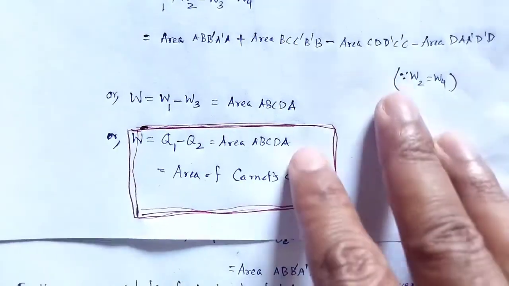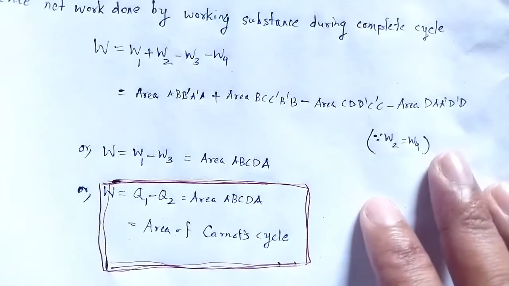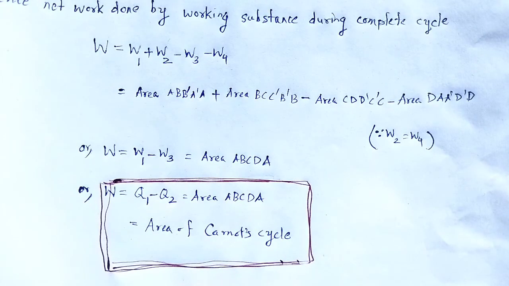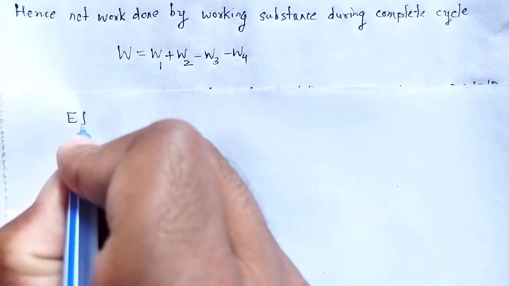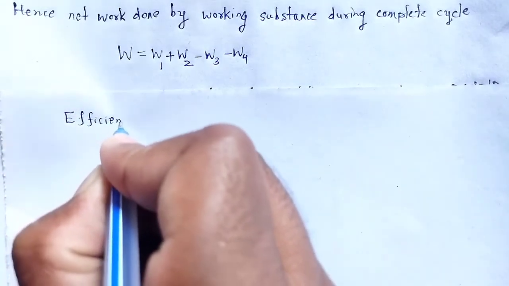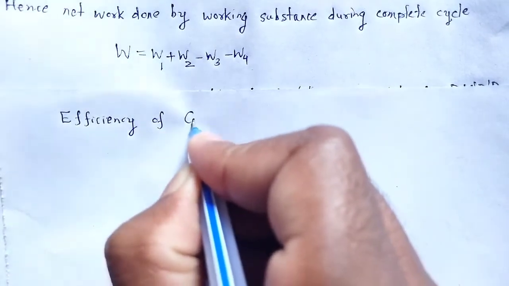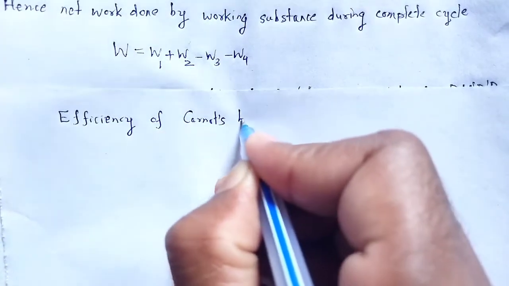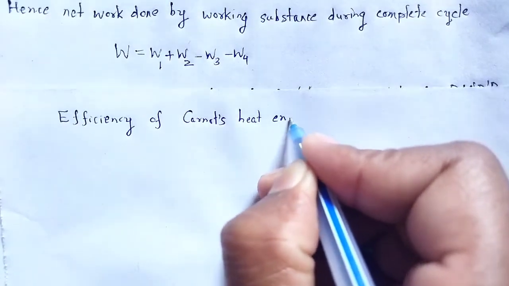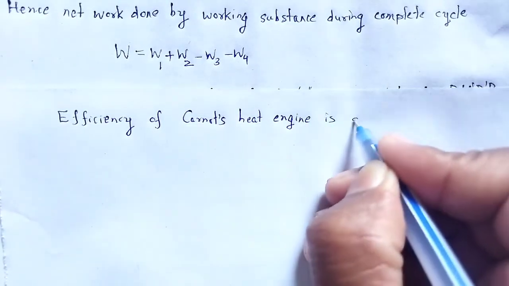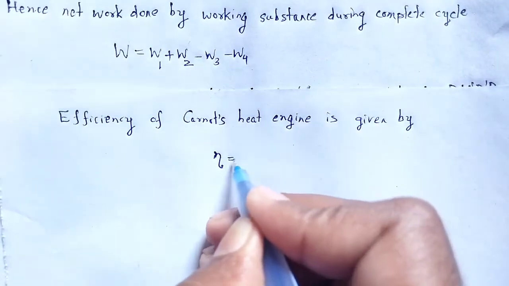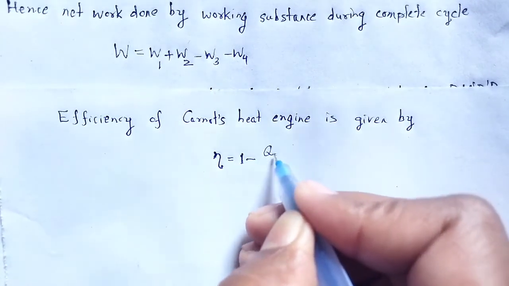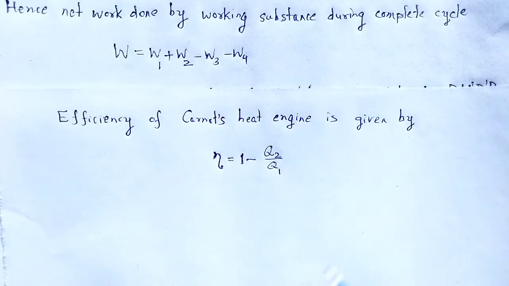Now we have to calculate what should be the efficiency of that Carnot's heat engine. So the efficiency of Carnot's heat engine is given by eta equal to 1 minus Q2 by Q1.